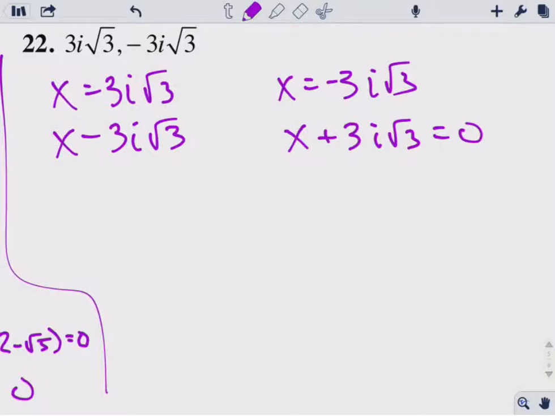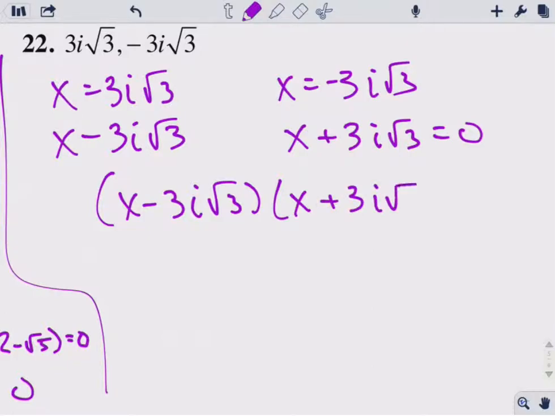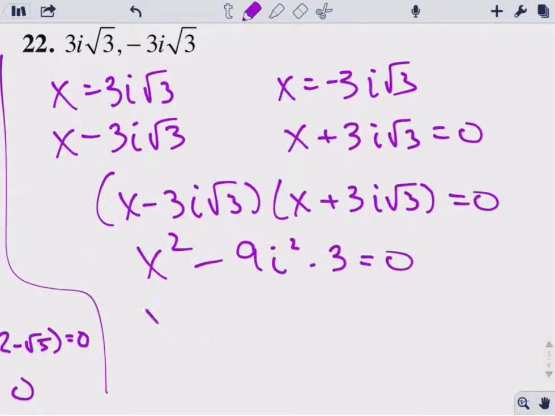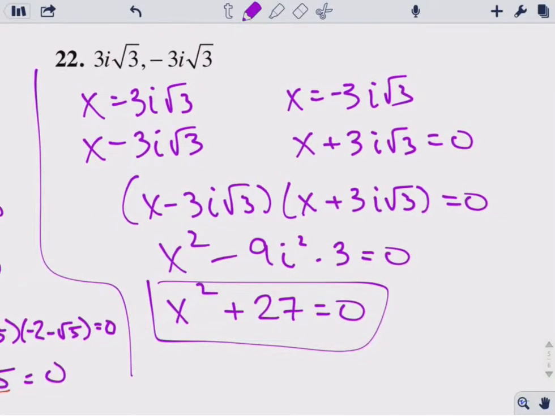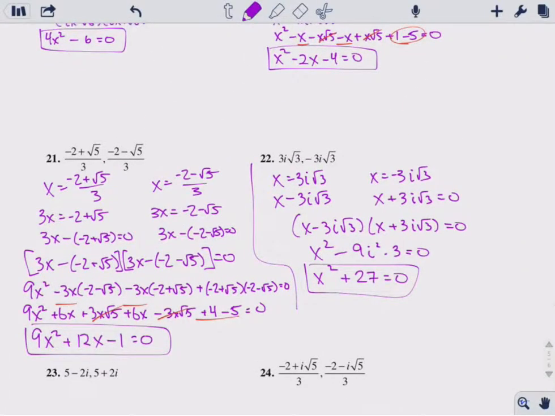X minus 3i root 3 times x plus 3i root 3. Lovely. They're conjugates, so the outside and inside cancel. Gives us a difference of squares. Minus 9i squared times root 3 times root 3, which is 0. X squared plus 27 is equal to 0. 3 times 9 is 27. I squared is another negative 1.